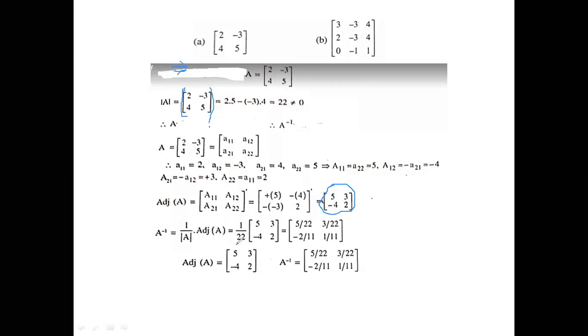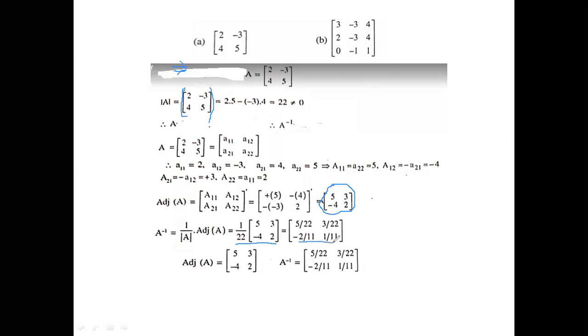So this is the A inverse. Now we divide each element by 22: 5 over 22, 3 over 22, minus 2 over 11, and 1 over 11. Okay, clear?